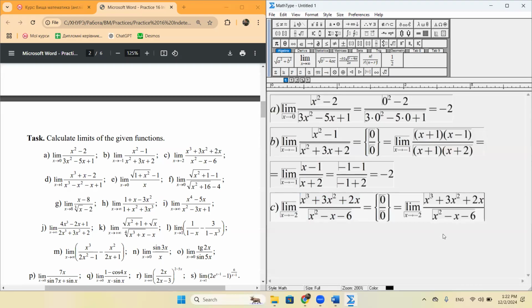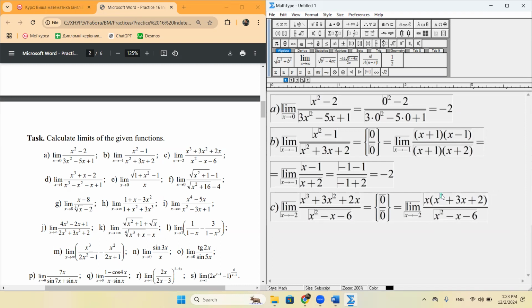So doing the same, we need to factorize all expressions that we have. First of all, moving x out of brackets in the numerator, and what do we get here?